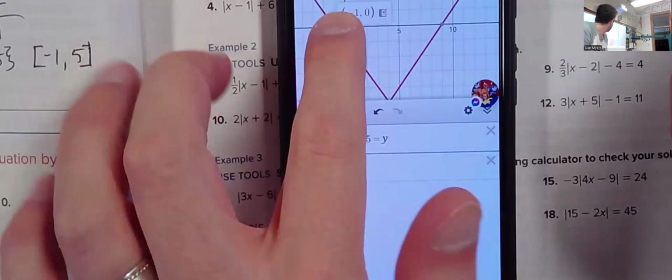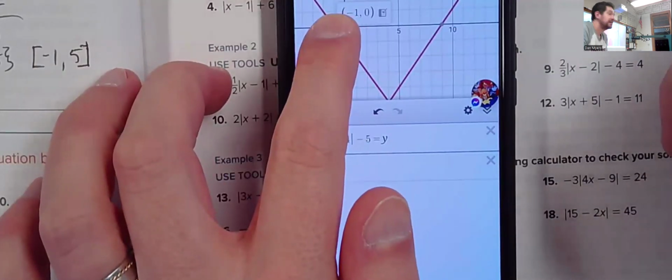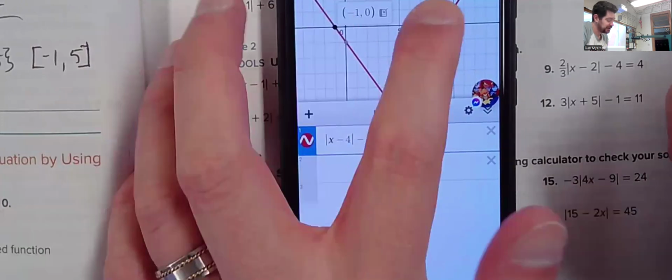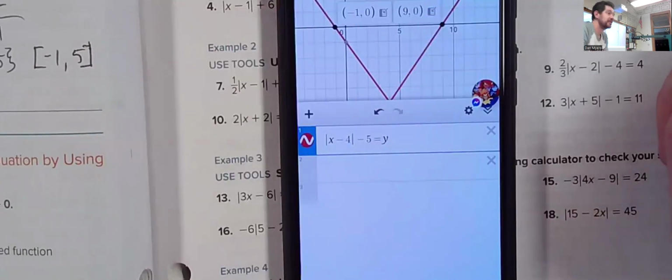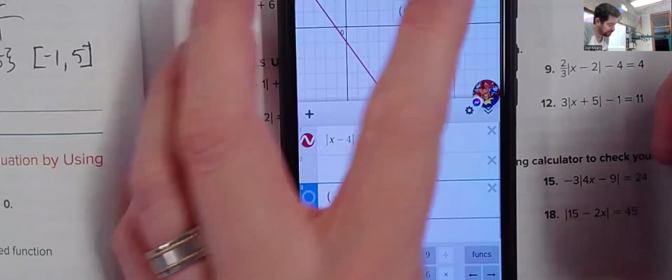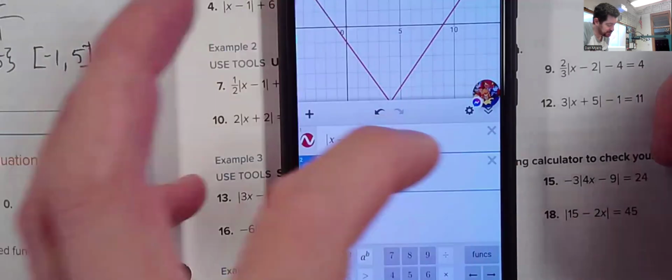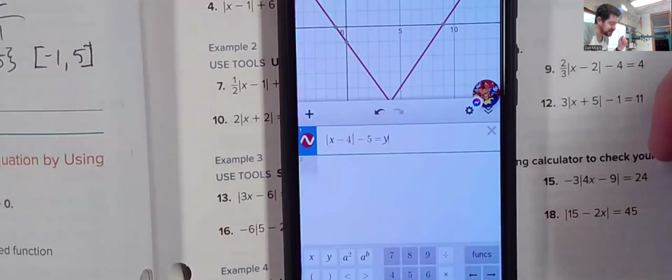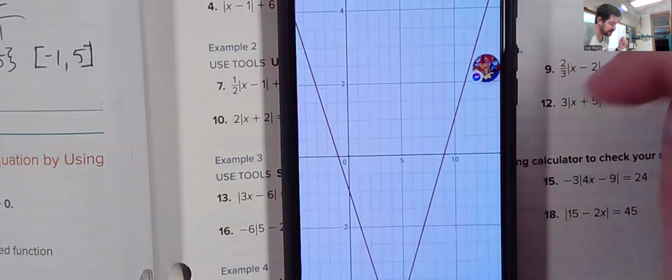And then this one will actually give you intersection points there. You can see -1, 0. And then over here, you can hold on that one. That's 9. So you're welcome to use software to help you with the graphing. That doesn't bother me. At this point, we've done enough graphing by hand that I trust that you're able to do that. So there you are.